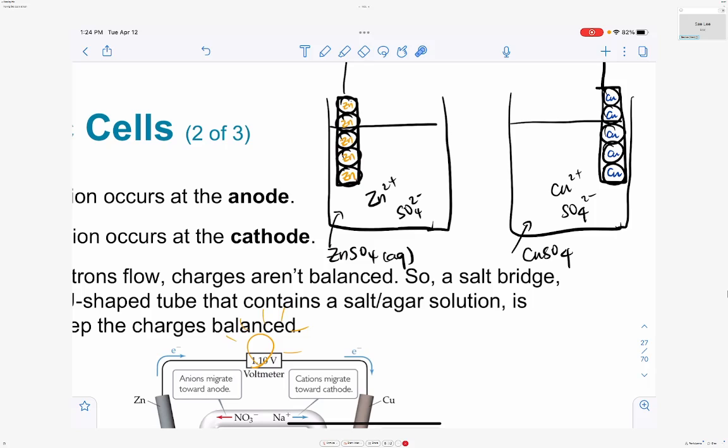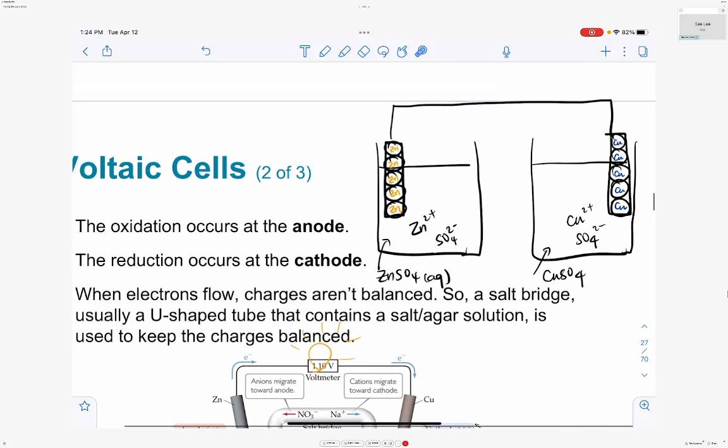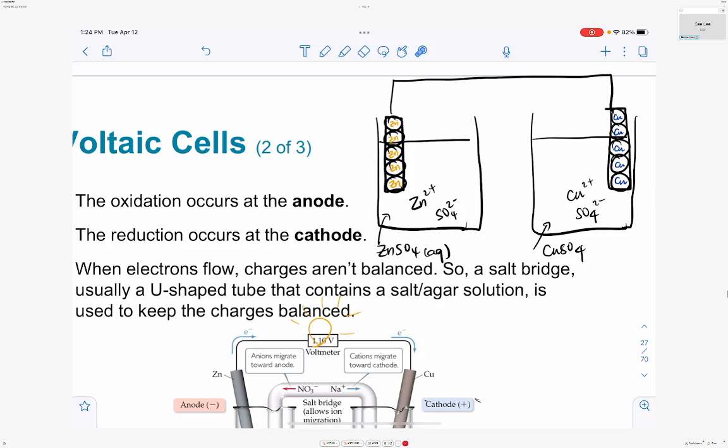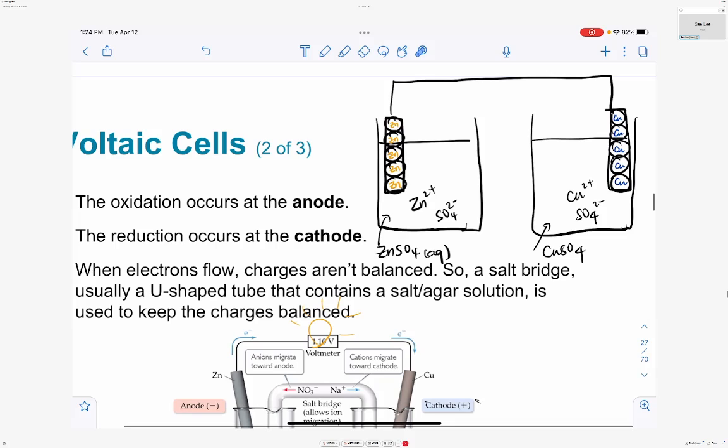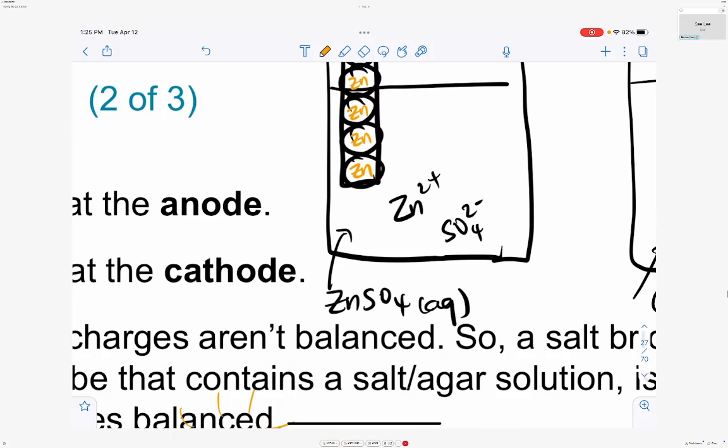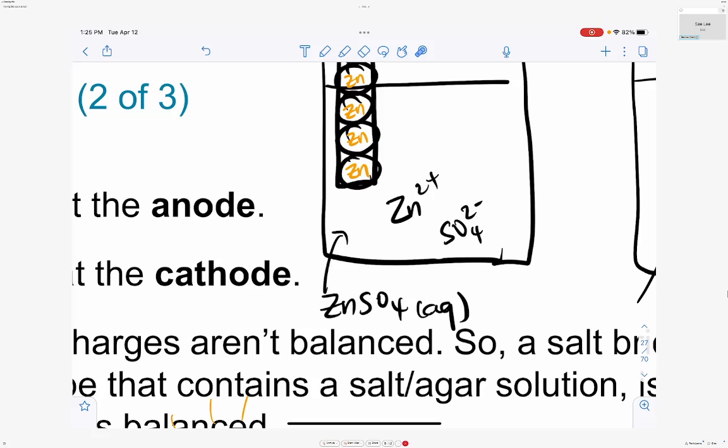Because copper 2+ is greedier for electrons, when zinc and copper 2+ fight for electrons, copper 2+ wins the electron war. Copper 2+ steals electrons from zinc metal. So what happens when copper 2+ steals electrons from the zinc metal? The zinc metal will lose electrons and will be oxidized. So let's say this piece of zinc lost its electrons, it's going to be oxidized and it will become zinc 2+.